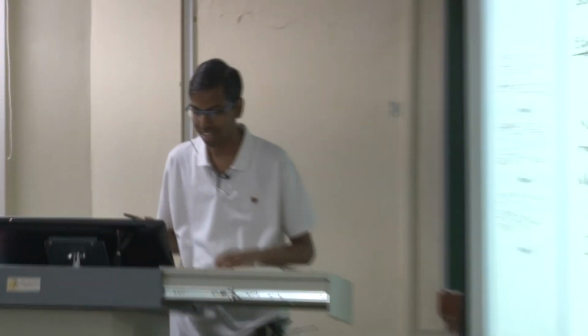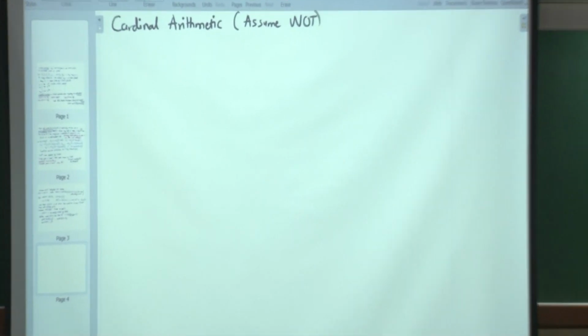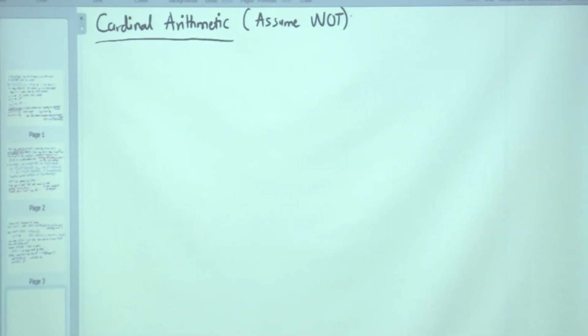I haven't described cardinal arithmetic, so let's do that quickly. This is now very easy. Cardinal arithmetic: assume the well ordering theorem. I'll tell you at the end what goes wrong if we don't assume it.